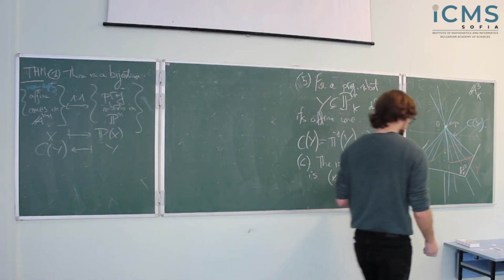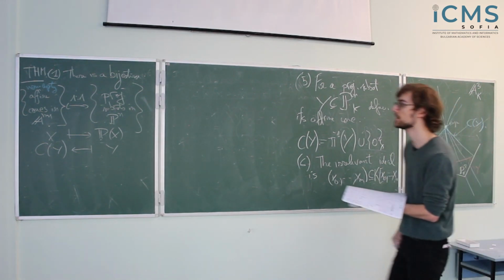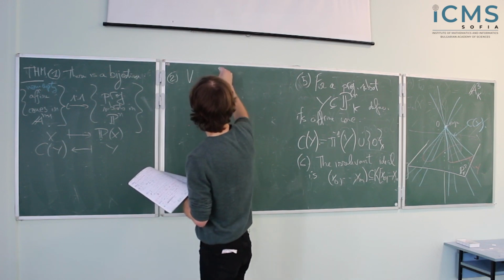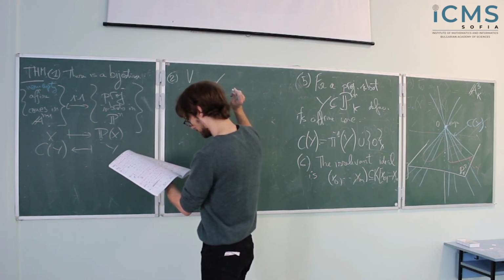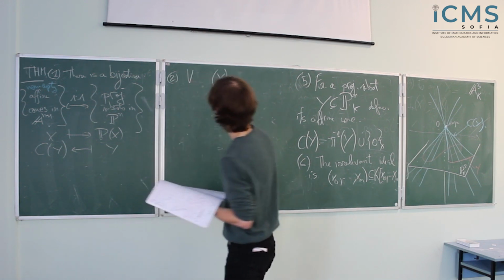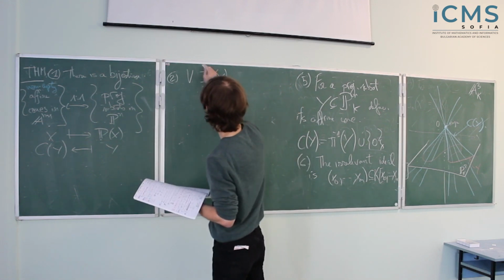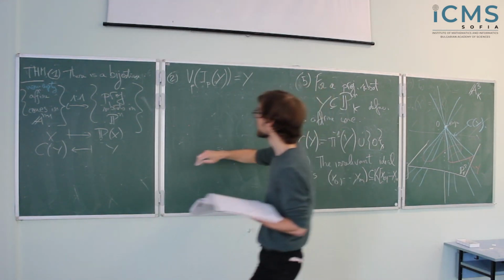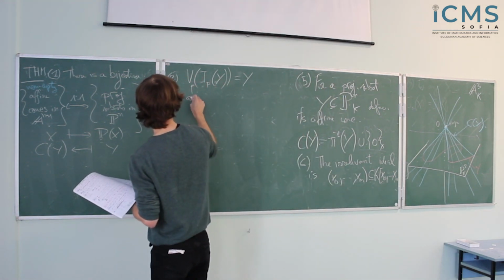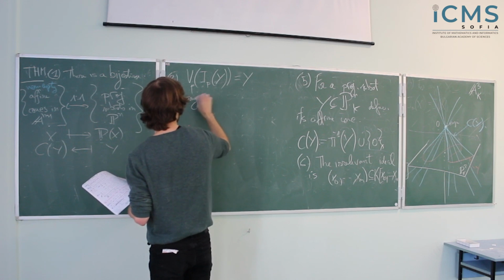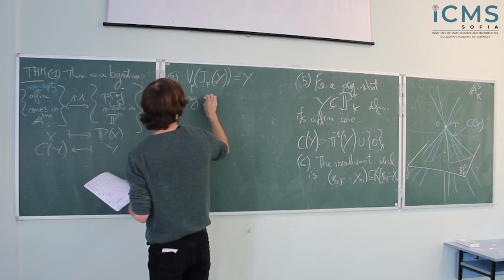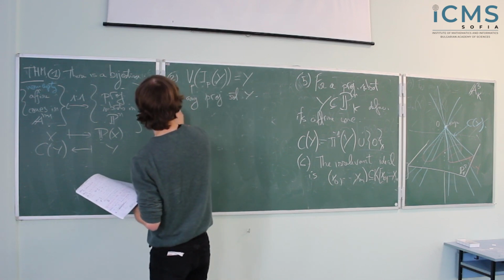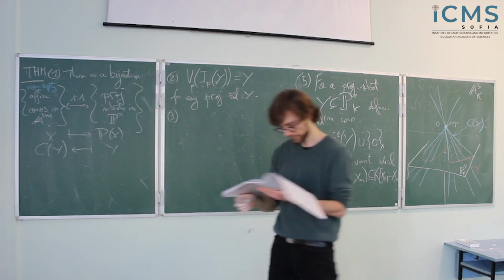Then we have very similar stuff as we did for the affine varieties. If I take a projective variety, I can take its ideal, then I can take the zero locus, and I end up again on Y. Any projective set. That's fairly standard.